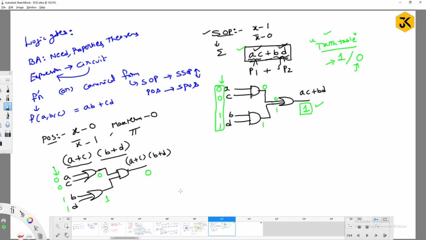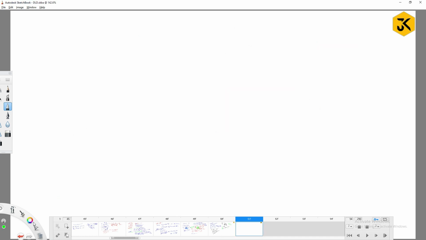Okay. But in the industry, I have a question for you, right? If the industry is asked to implement the circuit, they try to construct a circuit in the form of sum of products or product of sums.